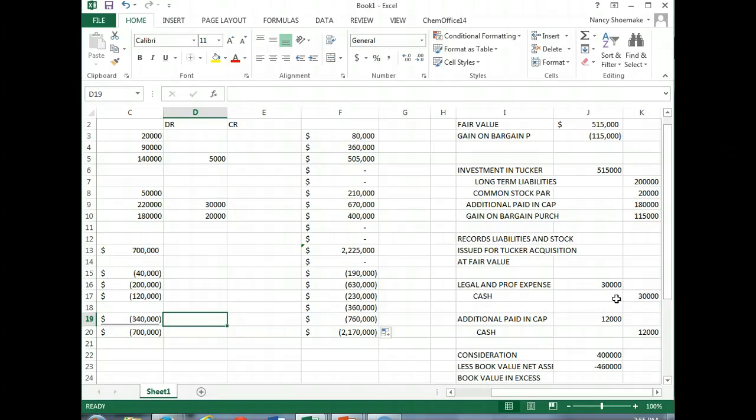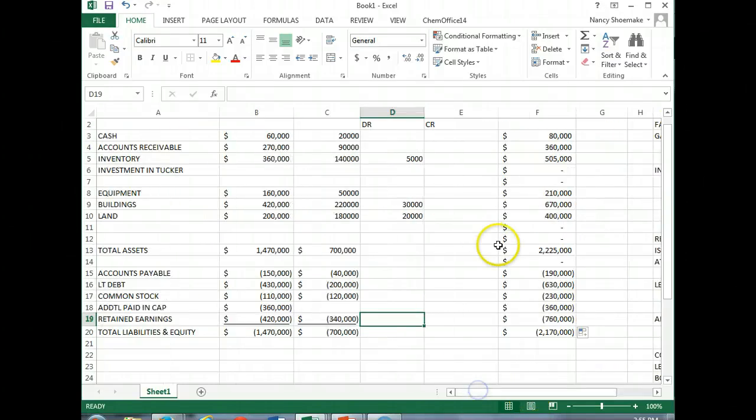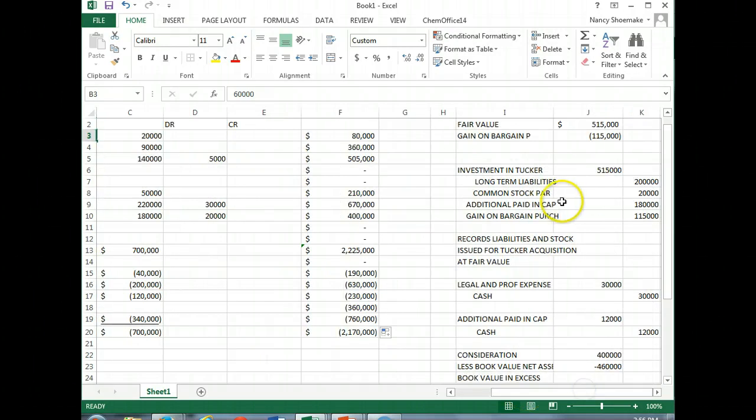So basically we show here the cash account for Marshall should be our 80 minus our 30 minus our 12.